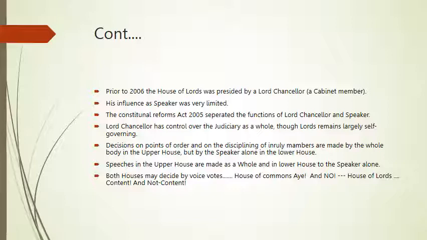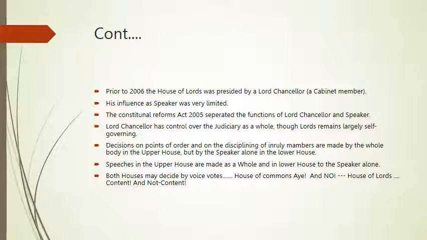Speeches in the upper house are made to the house as a whole, and in the lower house to the Speaker alone. For example, in the upper house, speeches are addressed as "My Lords," and in the lower house by saying "Mr. Speaker." Both houses may decide by voice votes.